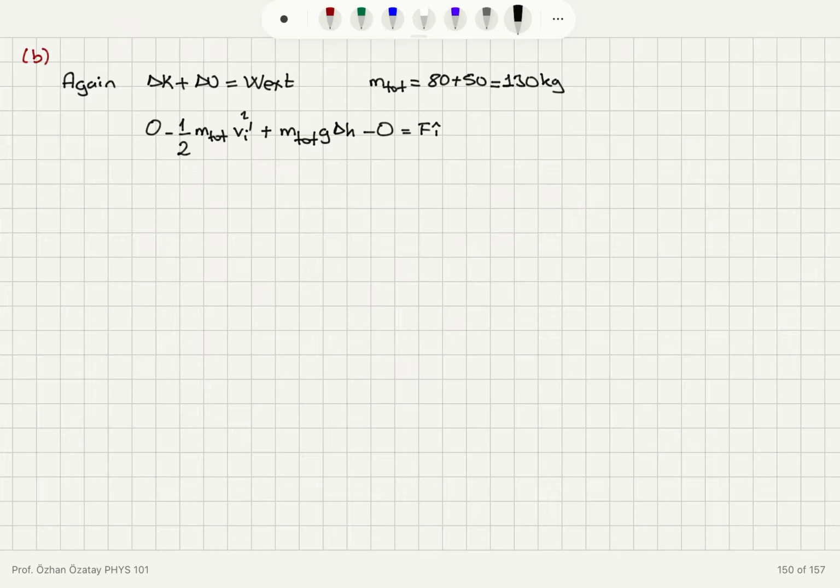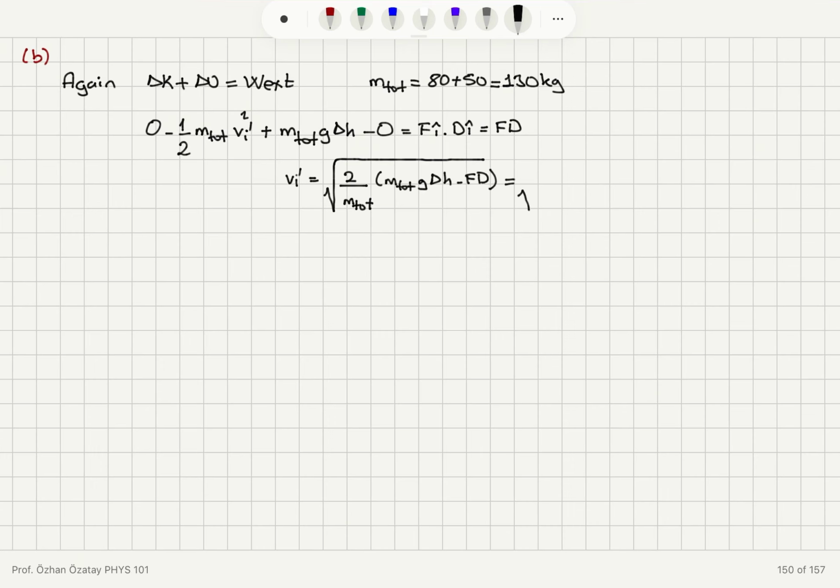Initial potential energy is 0. This will be the work done by the external force, which is Fd. So we will find that the initial speed will be the square root of 2 divided by m total, g delta h minus Fd.